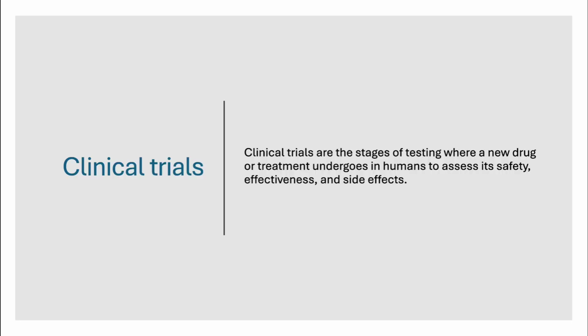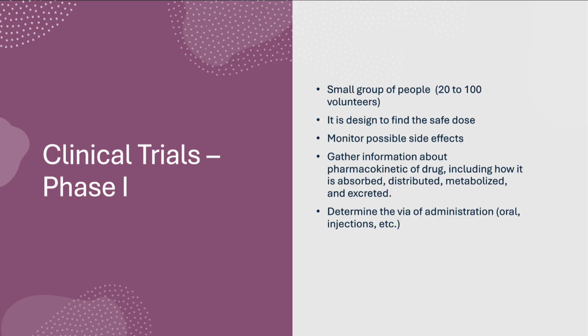Clinical trials are the stages of testing where a new drug or treatment undergoes testing in humans to assess its safety, effectiveness, and side effects. Here is an overview of the four main stages of clinical trials. Phase 1. It is a small group of people.